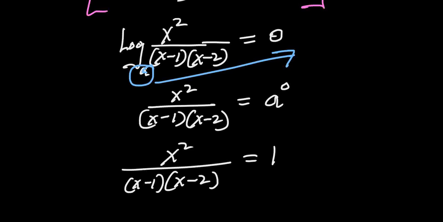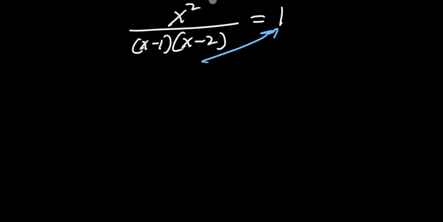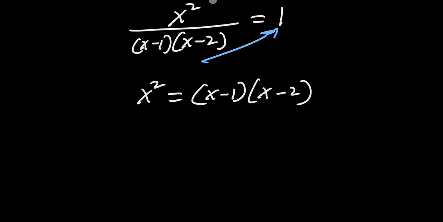So at this point, we can just cross multiply, use the whole of this denominator to multiply this one, and this will become x squared is equal to x minus 1 times x minus 2.